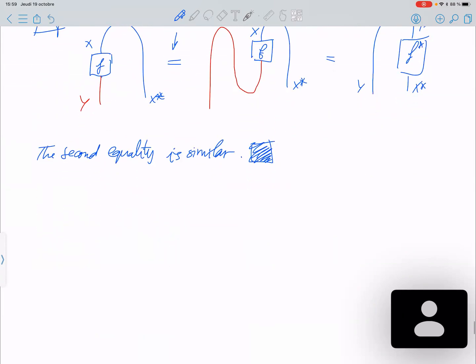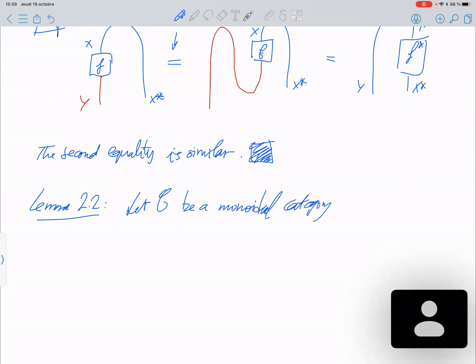Let me continue with such straightforward results. Lemma 2.2. Let C be a monoidal category with left duals. By with left duals, I mean every object admits a left dual in the sense defined before.